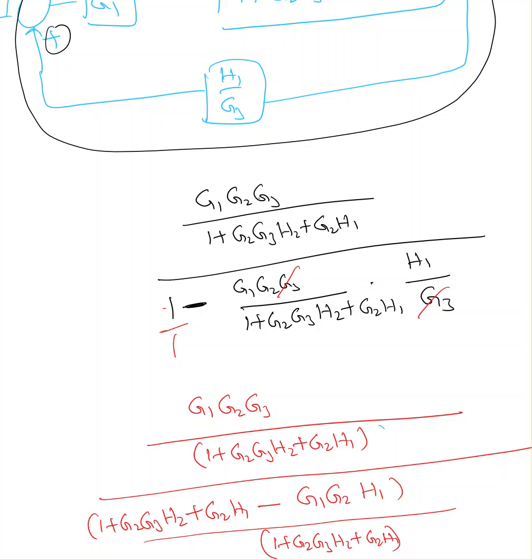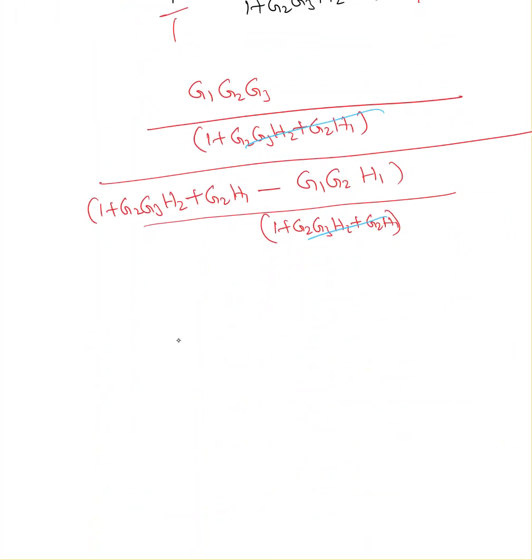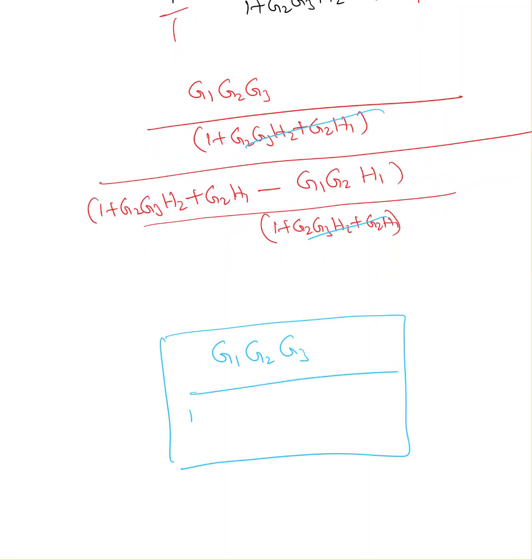Now we can cancel these two out. The whole block I'm going to end up having, I'm going to draw the block, Z1 Z2 Z3 over 1 plus Z2 Z3 H2 plus Z2 H1 minus Z1 Z2 H1.